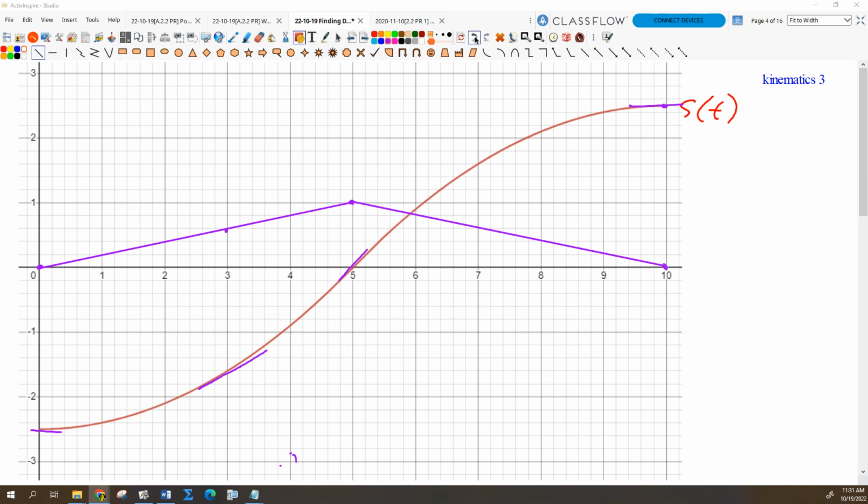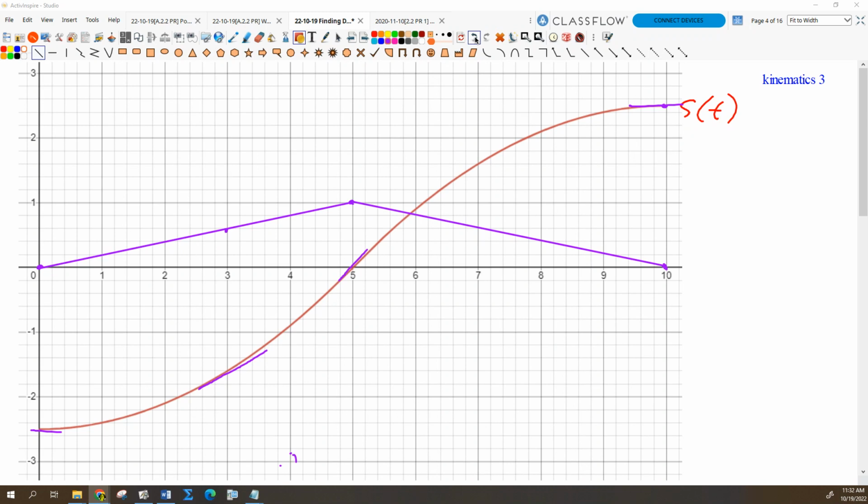Okay. Everybody buy that? Okay. Slopes increase from 0 up to 1. They decrease from 1 back to 0. Okay. That makes sense? All right.